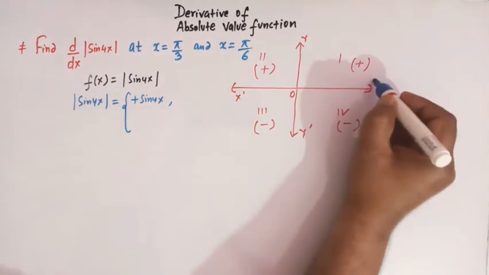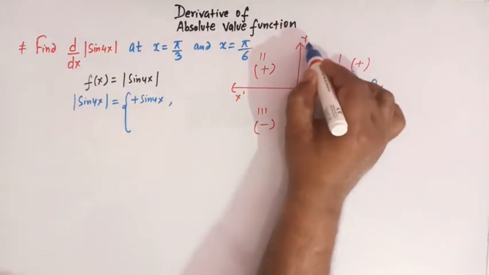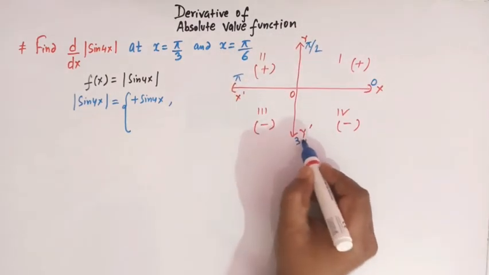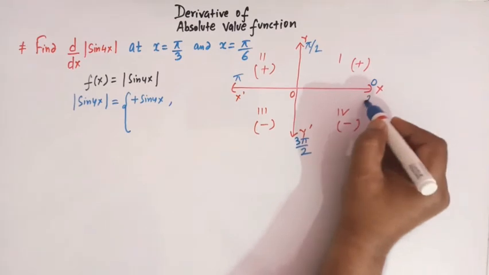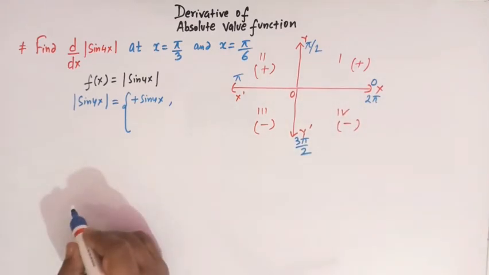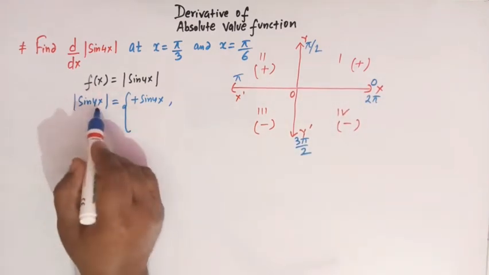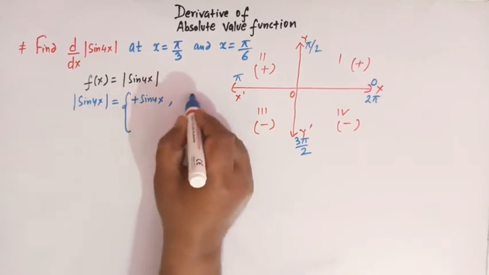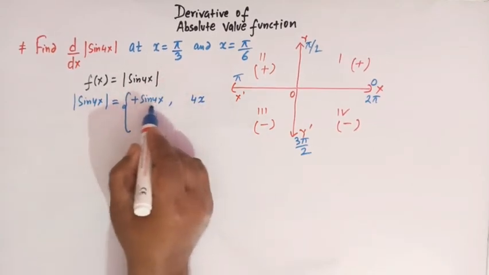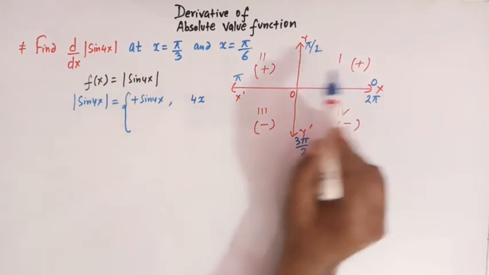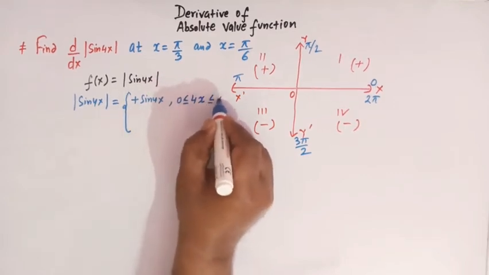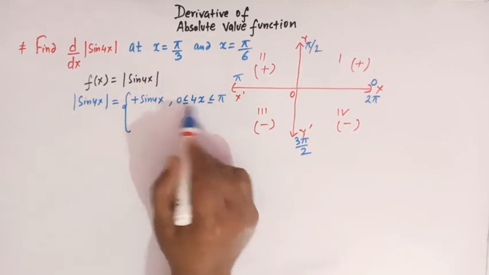Because this is 0 degrees, here we have pi by 2, here we have pi, here we have 3 pi by 2, and then we have 2 pi. So mod of sin 4x is equal to plus sin 4x whenever the angle 4x lies in the first and second quadrant. So we can write it like this with this inequality.